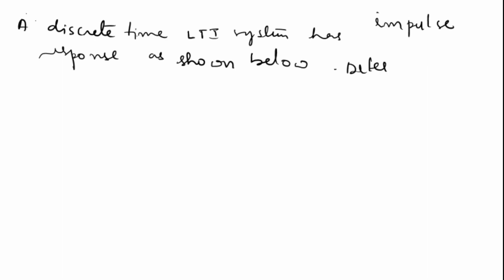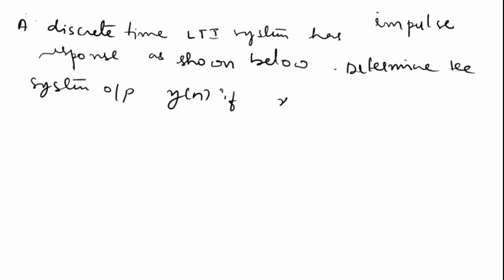Determine the system output y of n if x of n is equal to 2 into delta of n minus delta of n minus 1.